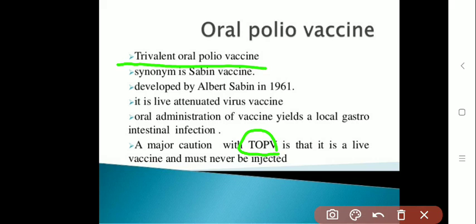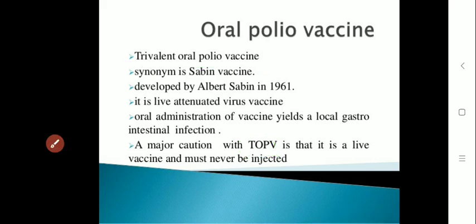So the main aim of giving oral polio vaccine is to generate humoral and systemic immune response against the polio virus, as it generates immunity in the gastrointestinal tract.